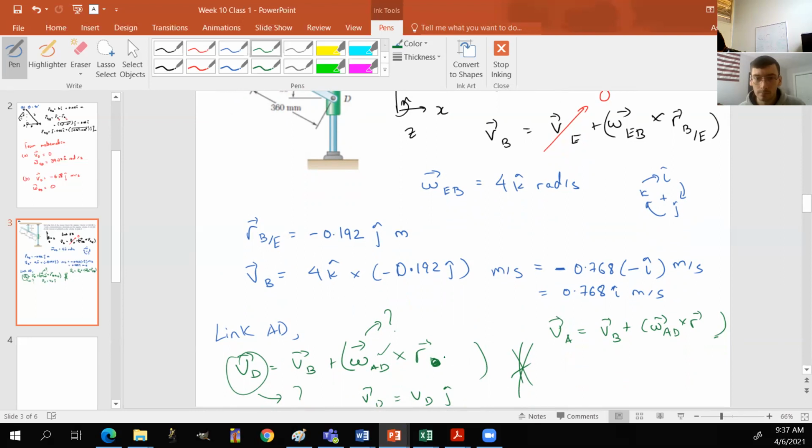It's R of D relative to B, and then R of A relative to B over there. All right, and then here, this one has two unknowns, but everything here is known, so you're good to go. So two equations for two unknowns here, two equations for two unknowns here, because here you don't know the x and the y component. All right, so this is how.